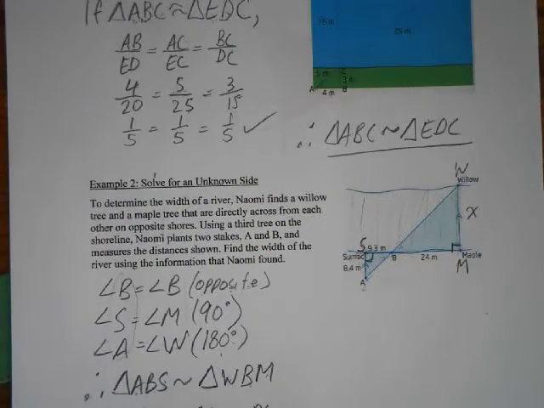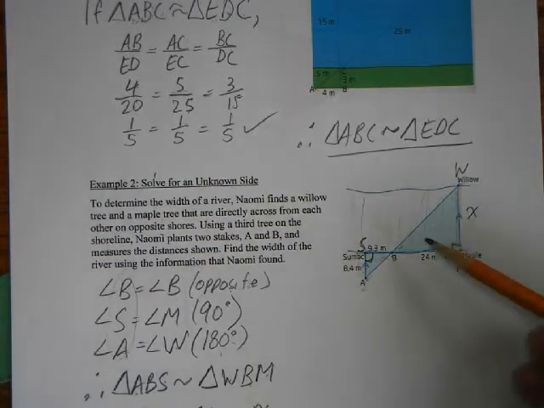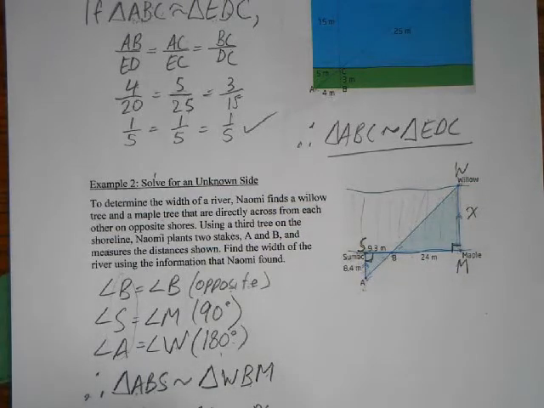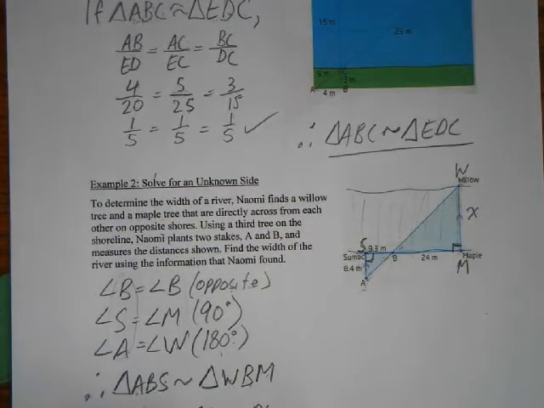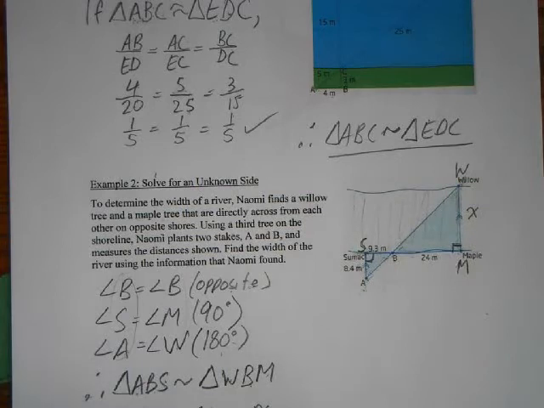All right, so what I'm going to do now is start filling in the information. So some of the stuff I have, some of it I don't have. Let's just see. Okay, so AB we didn't measure. Now she could have measured that, but you're going to see it's not important. So AB is just AB. We don't know what it is. WB, that part, don't know that one either. So that was kind of useless.